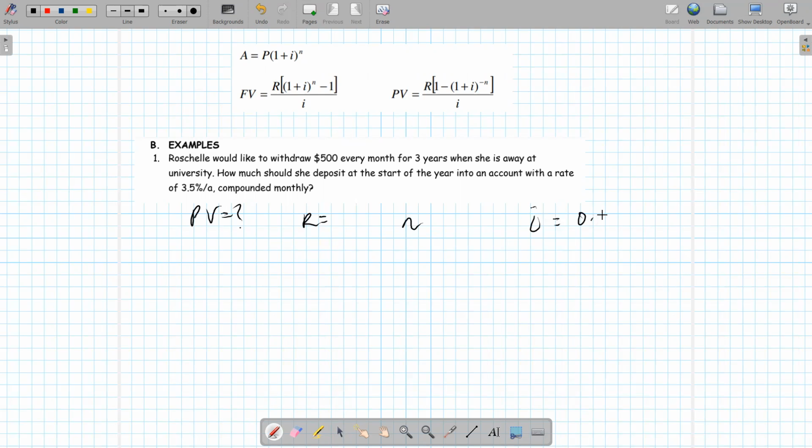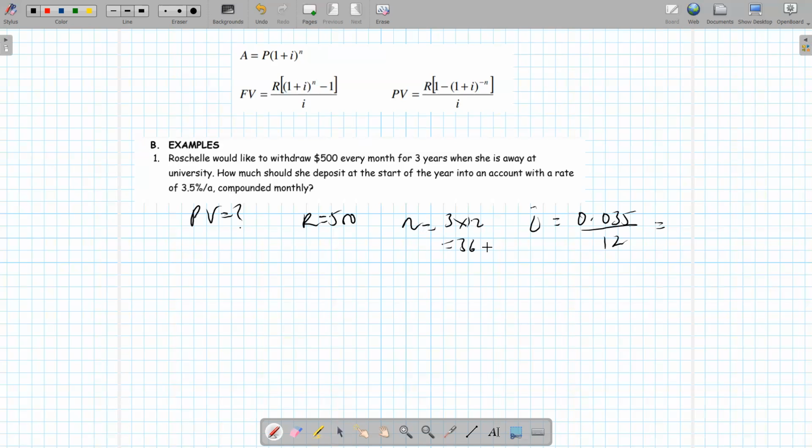R is the recurring payment. So is R 500? Yeah, R is 500. So I is 0.035 divided by 12. N is 3. 3, just 3? Oh, 36. Right. So 3 times 12, this is 36.